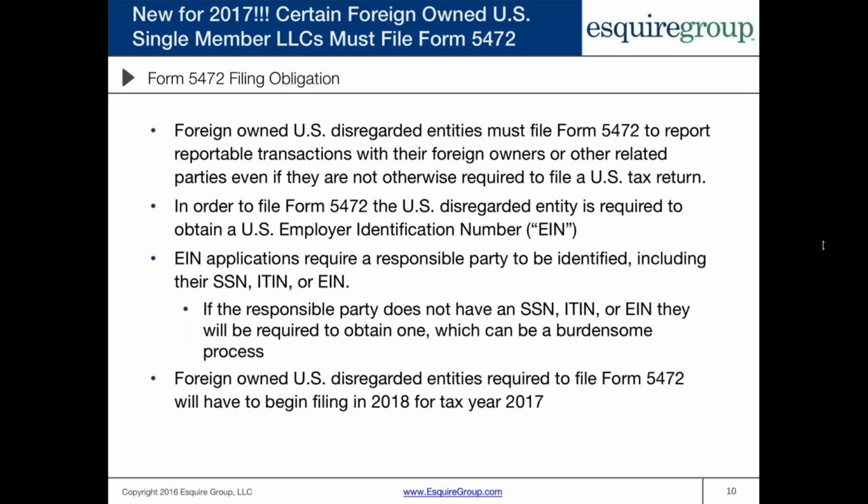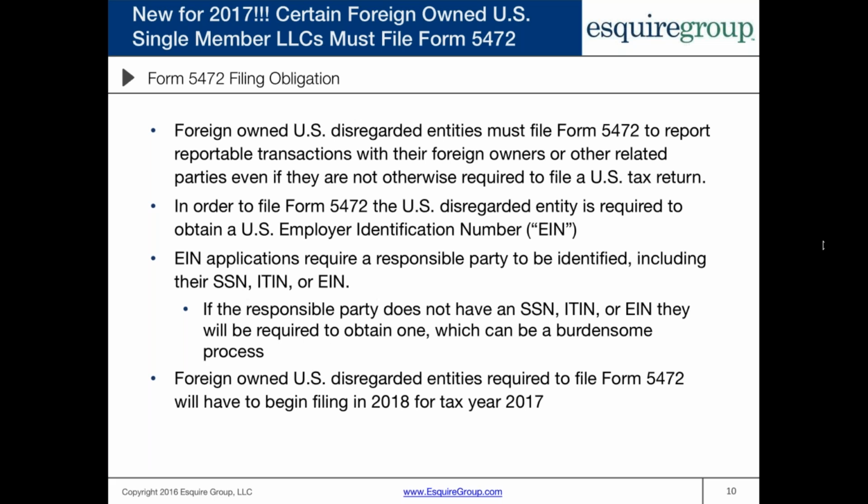The 5472 filing requirement is going to be triggered whether or not the foreign owner is actually required to file a U.S. tax return. So let's go back to the example of a foreign-owned U.S. disregarded entity owning real estate in the United States. Let's say, for example, this LLC is owned by a foreigner and it owns a rental property in the United States.